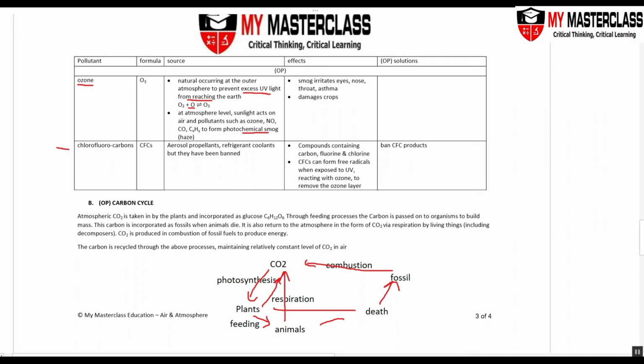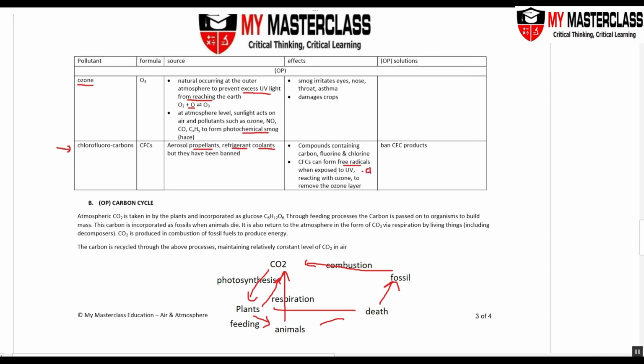Okay, last but not least, we have your CFC, so chlorofluorocarbons. Okay, CFCs are usually produced in propellants, refrigerant coolants, and they have been banned. The fridge itself will give out CFC. So CFC have this effect of forming what we call a free radical, like a chlorine atom.